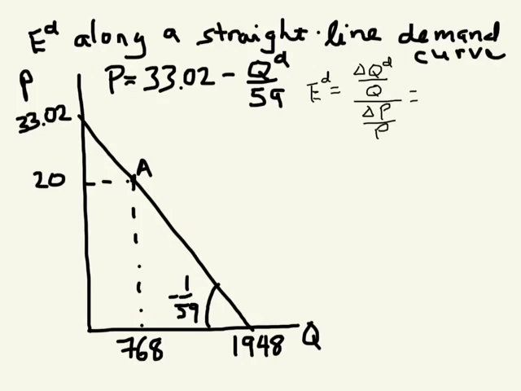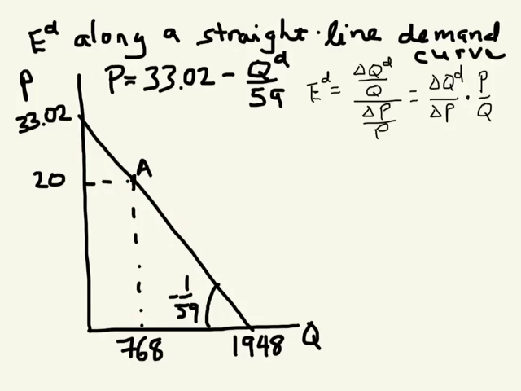It's easier for somebody like me to remember the derivation than the final formula, but all I'll ever ask you to do is remember the final formula. We can rewrite that expression as delta QD over delta P, that quantity times P over Q.